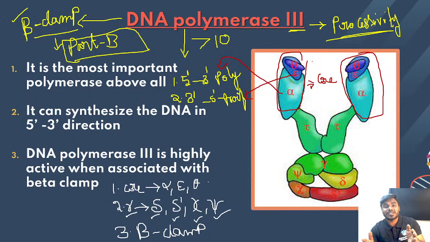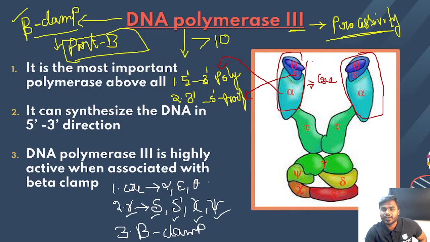Another DNA polymerase 3 enzyme will hold the other parent strand and the lagging strand. That is a wrong statement. There is only one DNA polymerase 3 enzyme present, my friends. It is the one which holds the leading strand also, and the lagging strand also.